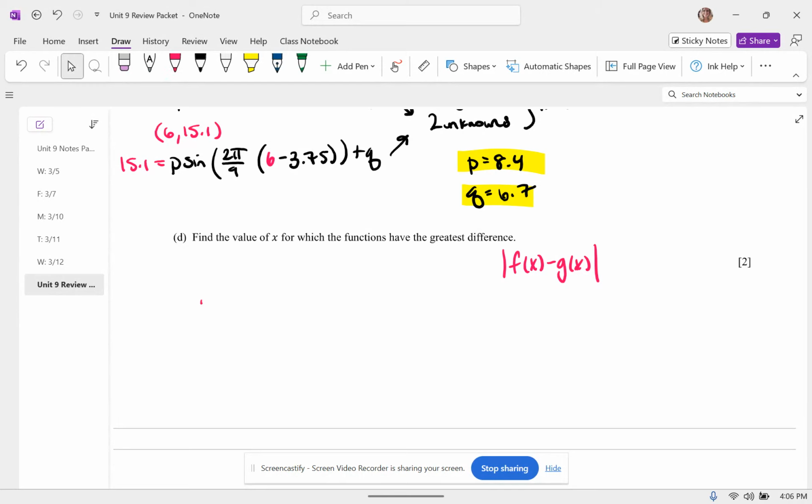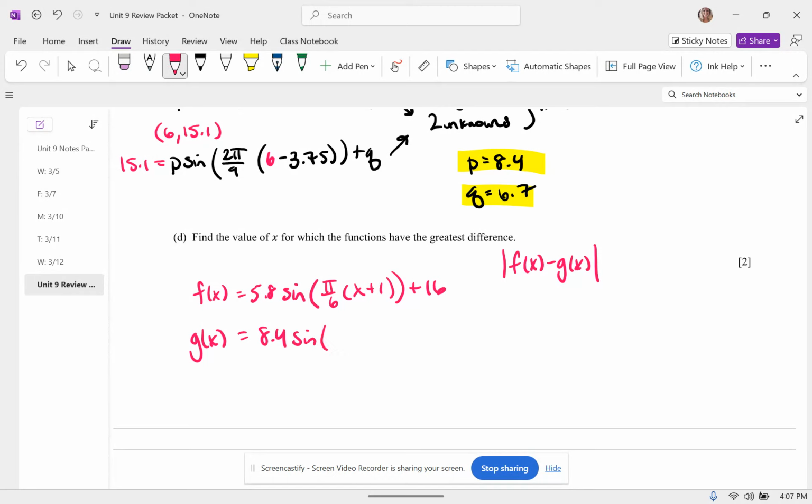So I've got my f of x is equal to 5.8 times the sine of pi over 6 times x plus 1, plus 16, and then g of x is 8.4 times the sine of 2 pi over 9. These are the two values that we just found above with the system of equations. I'm just substituting them in so I can get an equation that I can graph.